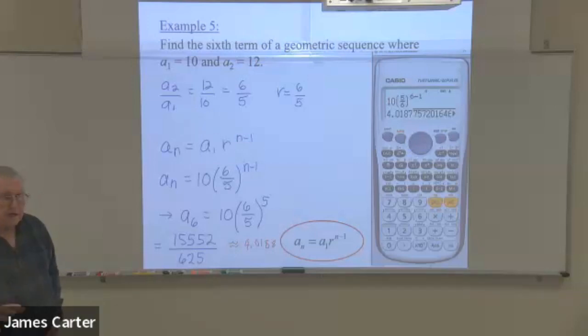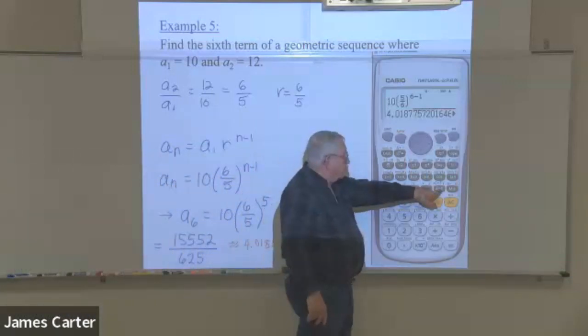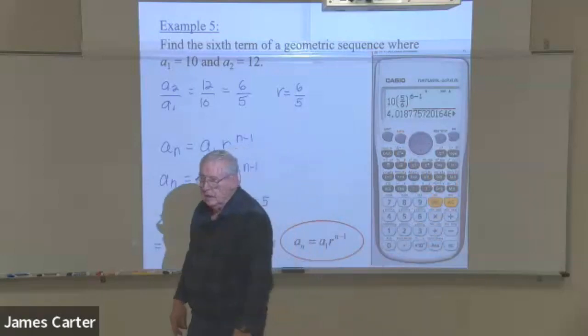No good purpose in having these calculators if you don't know how to put the stuff in right. Now, if you get a fraction, you may have to hit this standard to decimal key.